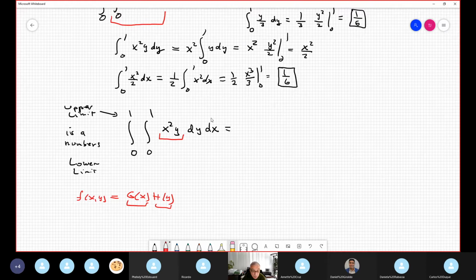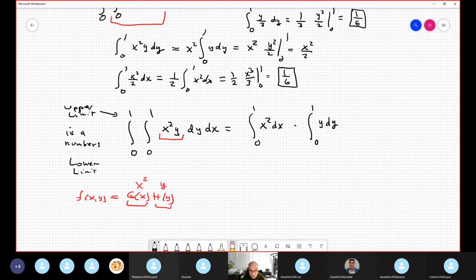Pero suppose yes, because our problem is x squared and y, it's separable. So you can separate the double integral into the first integral from 0 to 1 of the x part only, x squared dx, multiplied by the integral from 0 to 1 of y dy. End of the story.